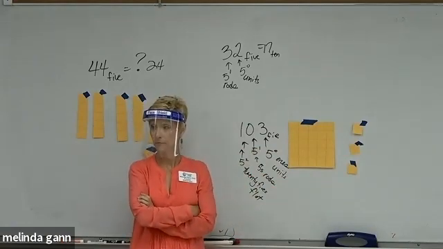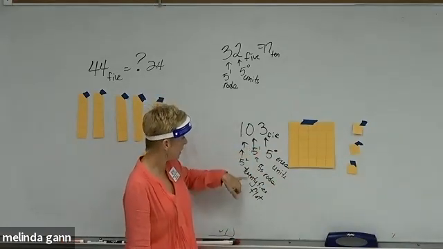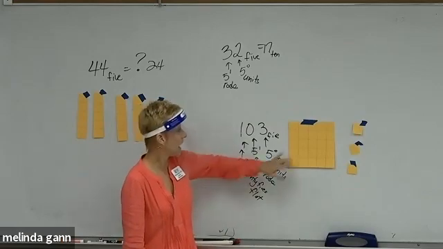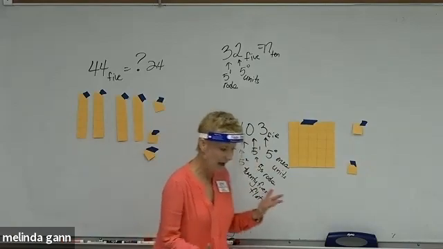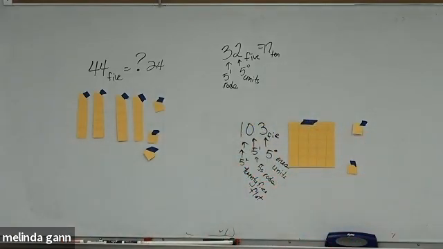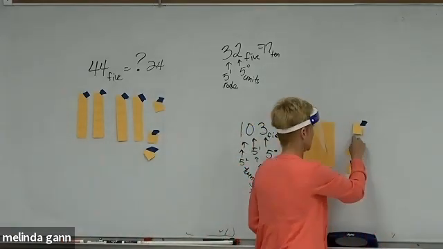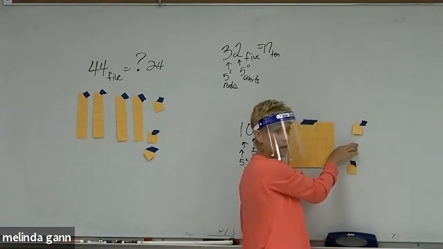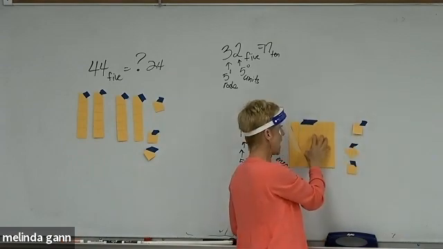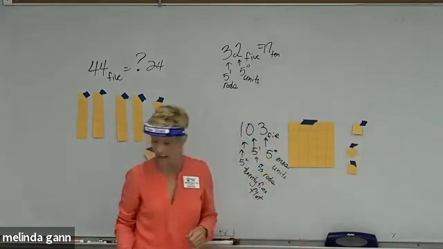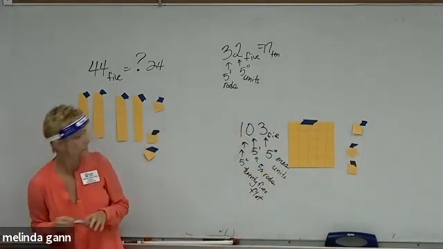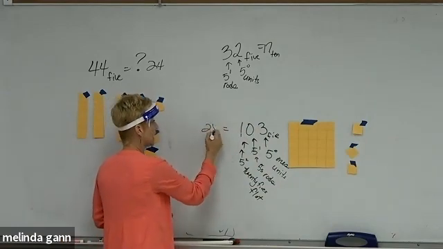Why? This is 1 what? 25. So I've got 25, plus I've got no 5s. Everybody with me? Plus I've got 3 what? 1s, don't I? So 25 plus 3 1s is 28. So that number in base 10 is 28.